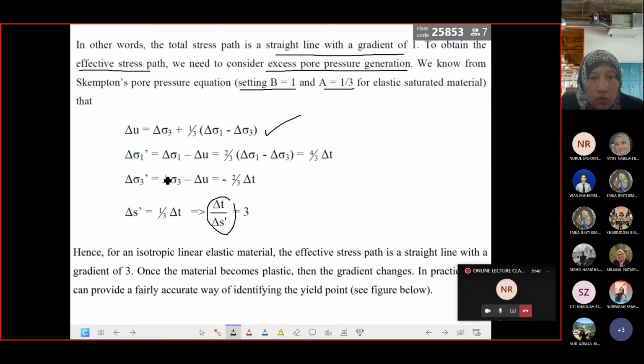I am not showing it, but you can go through it one by one from here, how we change from the first equation to the final one, which is 3.